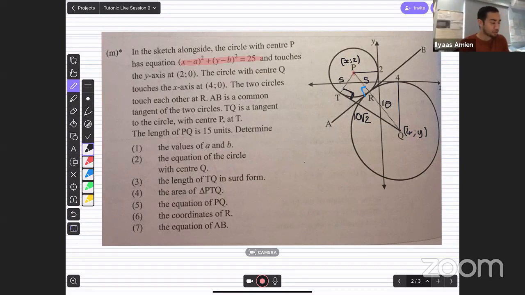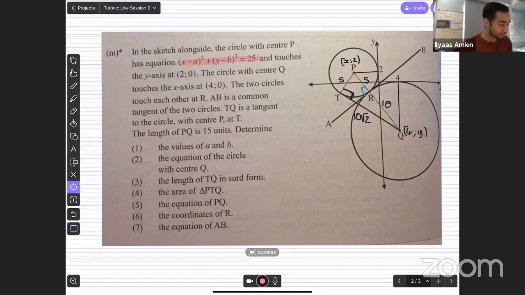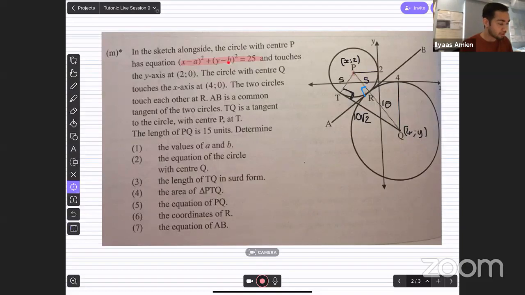You wanted to use the equation of the circle, right? Yeah. Do you agree you have a coordinate? What's your coordinate? We have 0 and 2. And you've got 25. So can't you sub it in?